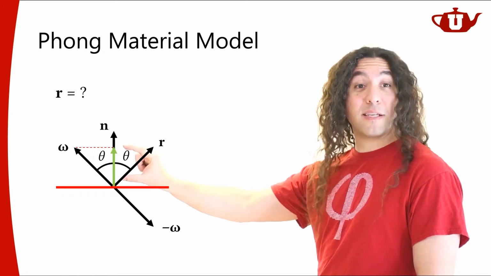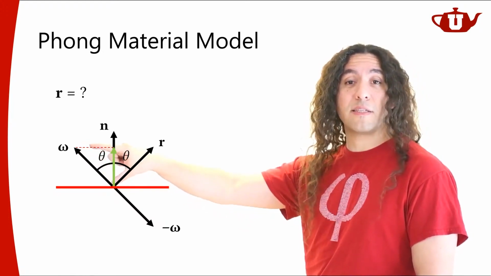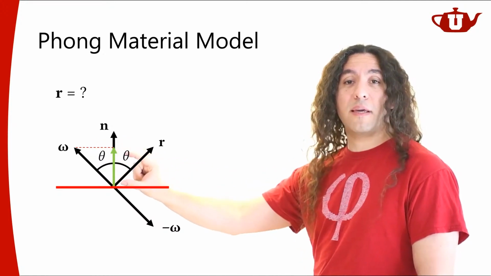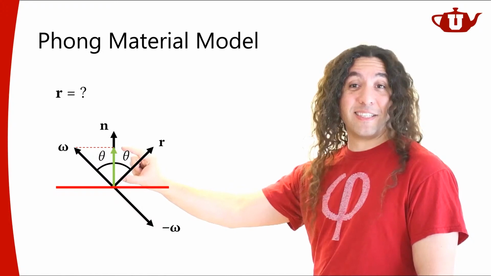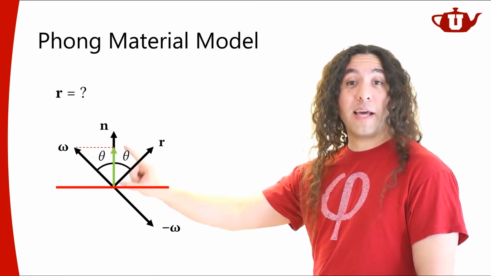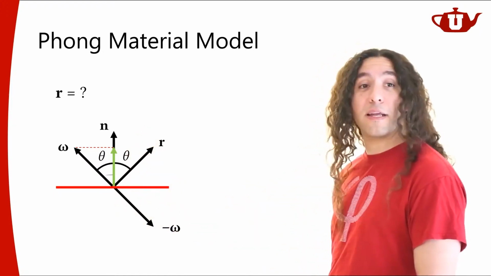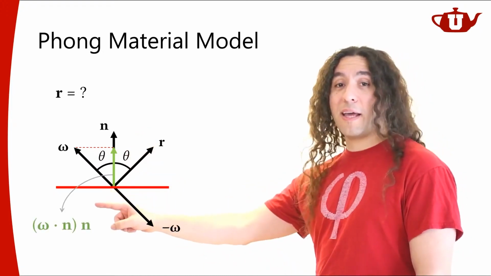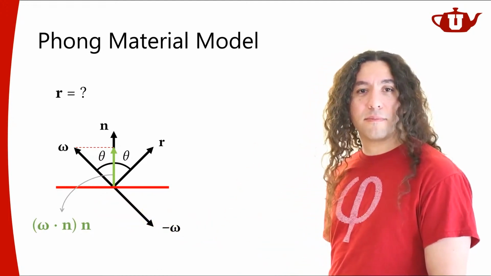If omega is a unit vector with length 1, this length is going to be cosine theta. So it's going to be omega dot n, and it's in the n direction, so I can write it as omega dot n times n, the surface normal direction.